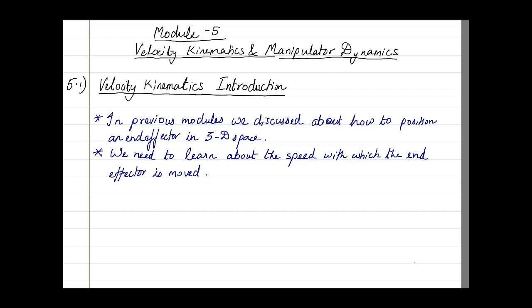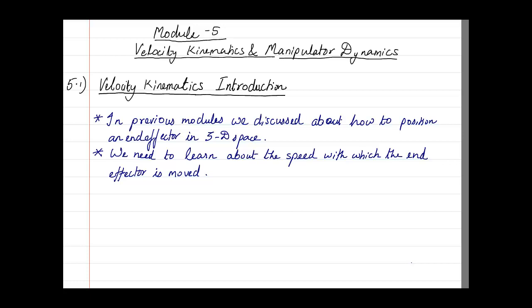For that we have to define an equation, and basically the equation that we define for velocity kinematics, or the velocity of the end effector, is through something called a Jacobian matrix. So it is very important for us to write the Jacobian matrix for any robot for controlling the velocity of the end effector, and similarly we also need to plan the path in which the end effector has to move.